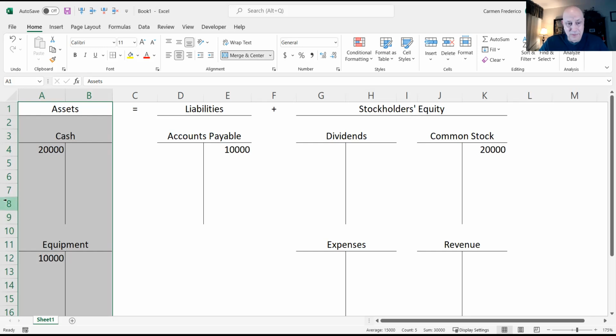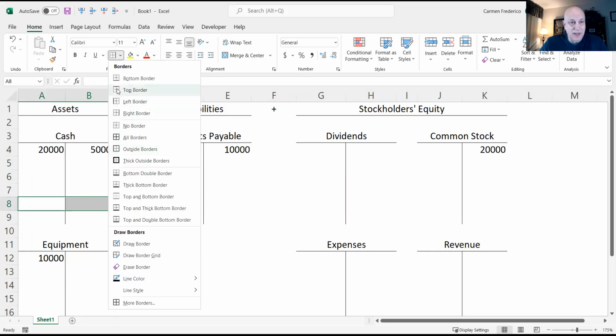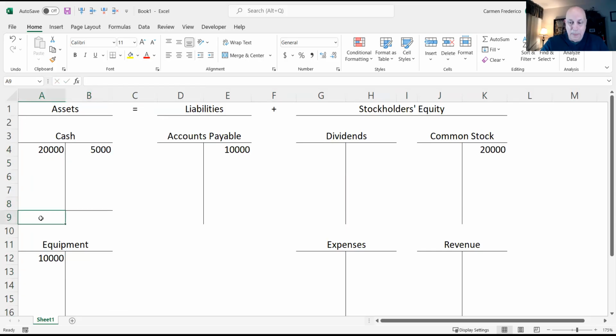Decreases, you go opposite. So you put the decrease on the right side. So cash is decreasing by $5,000. Okay. So if you were recording a balance of the cash after this transaction, you would have a debit of 20,000 minus a credit of 5,000. You have a $15,000 debit balance.